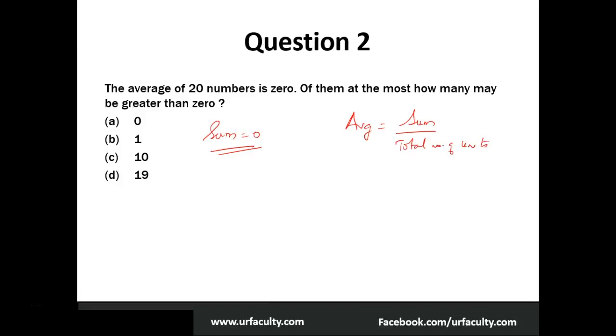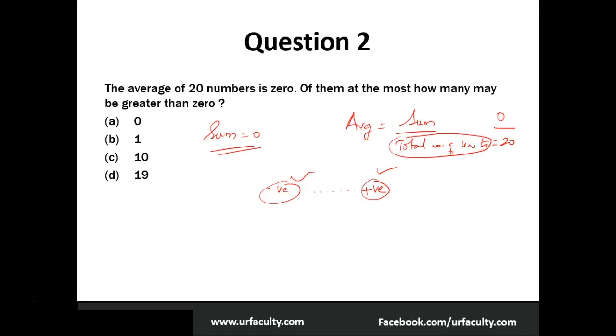Here the units are 20, and only if the sum is 0 will your average be 0. And when will the sum be 0? When there are certain negative quantities in it and they finally get cancelled out by positive quantities. How many negatives and how many positives there are depends on how you want to do it.